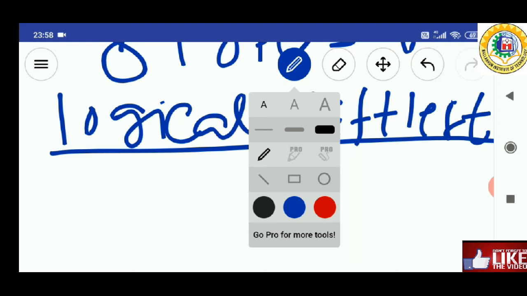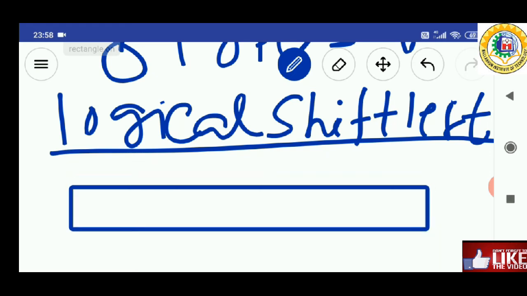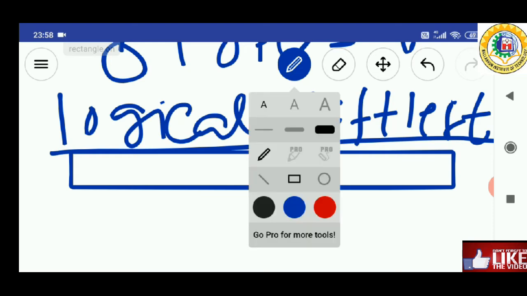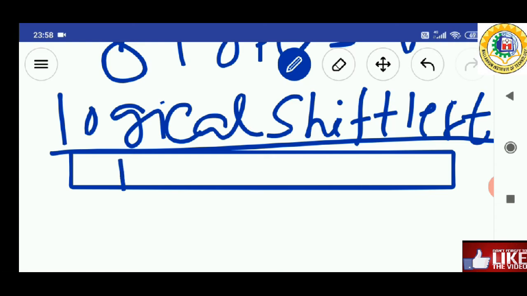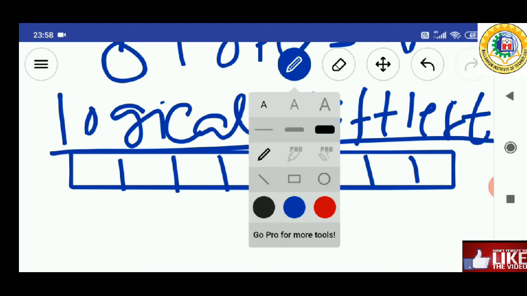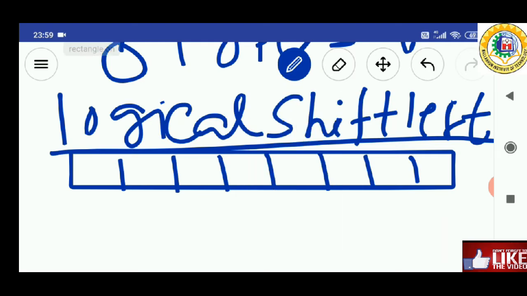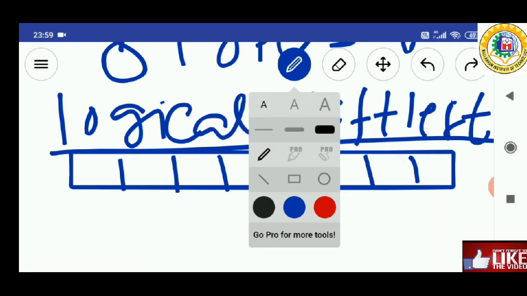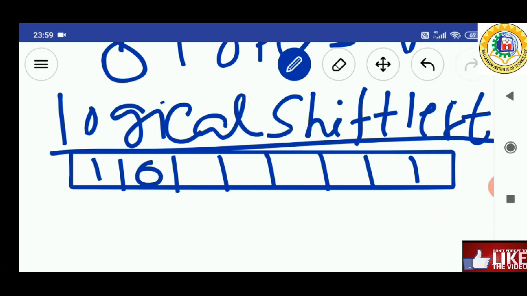Now what is the meaning of that? Suppose we have an 8-bit data, and the data is 1 0 1 0 1 1 1 0.